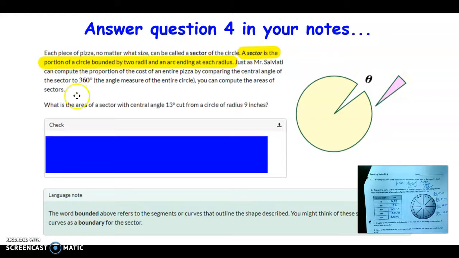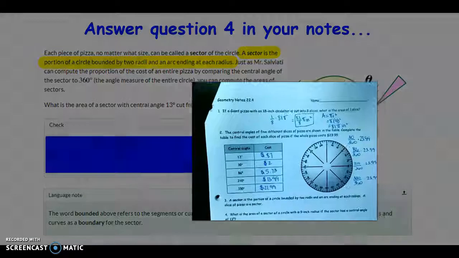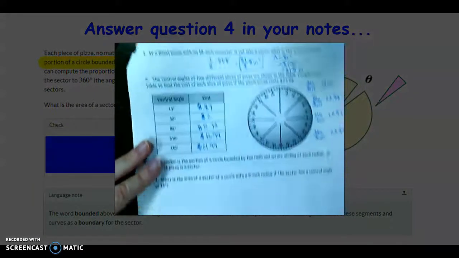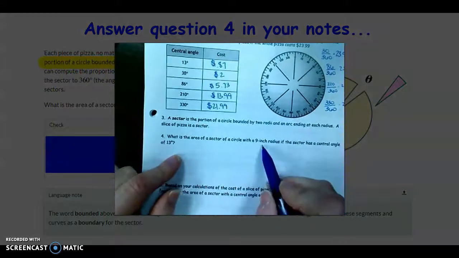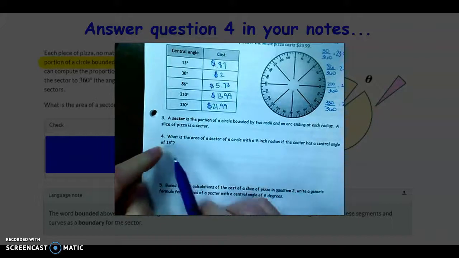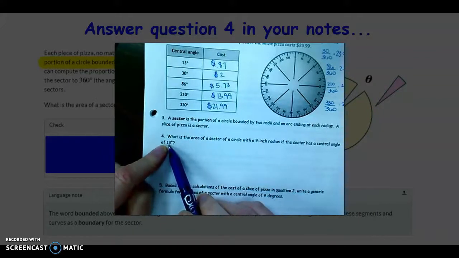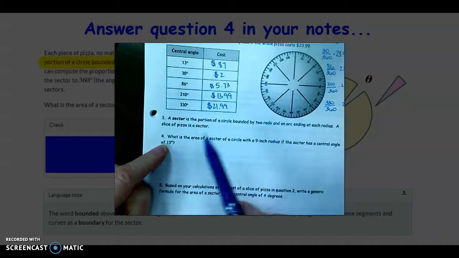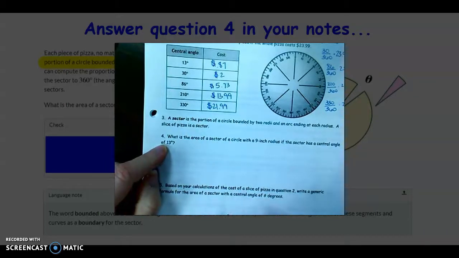So how do you find the area of a sector if the central angle is 13 degrees? What's the area of that pizza? Remember, it's just a portion of the whole area of the circle. So if we want to find the area of a sector of a 9-inch radius pizza and its central angle is 13 degrees, this tells me what portion of the total area I want, because I know the whole circle has 360 degrees.